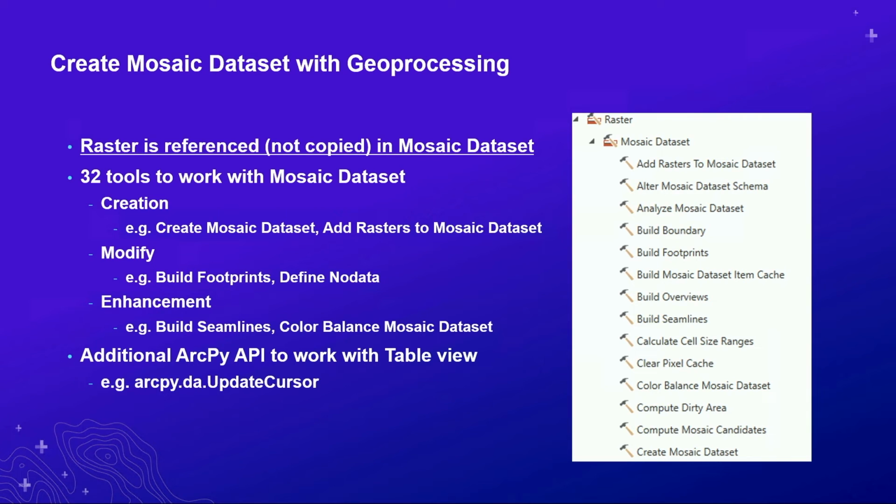You can build footprints on the raster items in the Mosaic dataset. You also define no data. There's also enhancement, where you can build seamlines and color balance all the rasters in the Mosaic dataset. And since a Mosaic dataset provides you this table view of all the data, you can also use additional ArcPy APIs like the Data Access Cursor API to work with the table view of the Mosaic dataset.